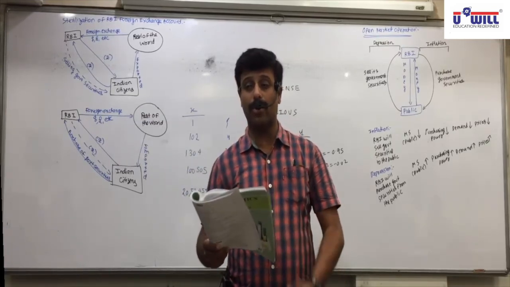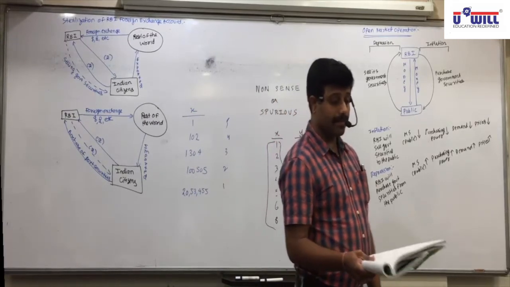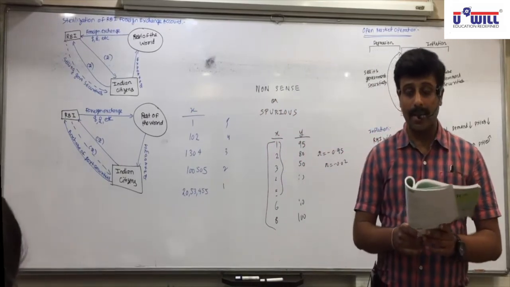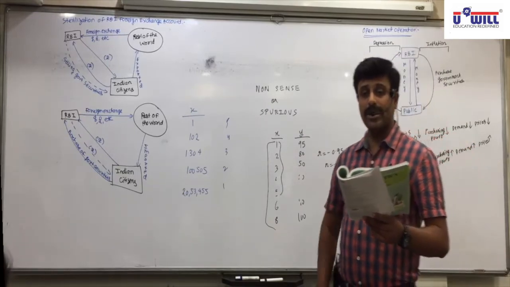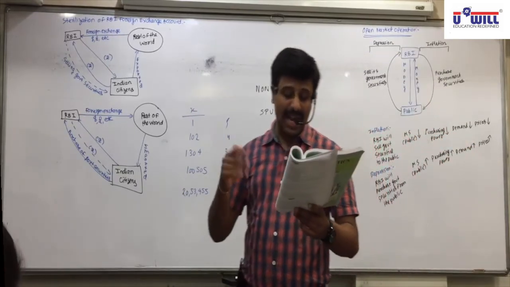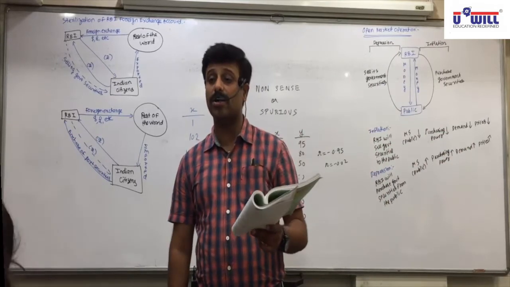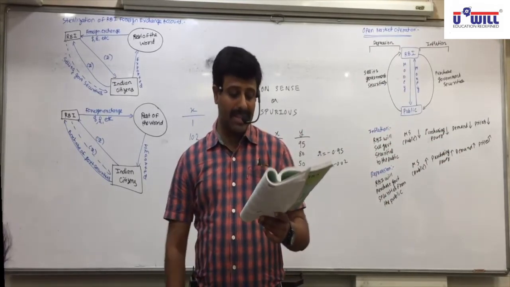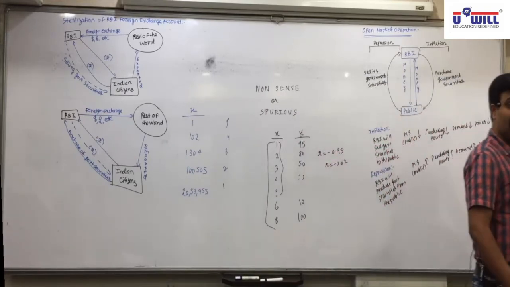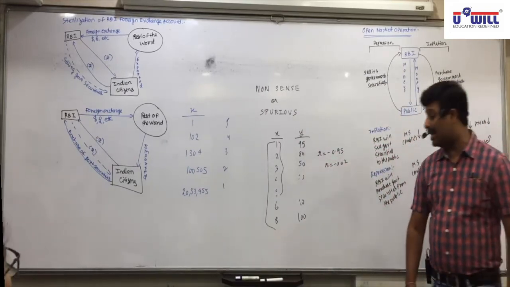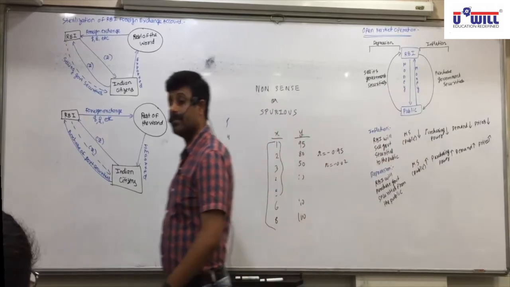10th question, mark it important. It's interesting, see that. In which situation are the value of Karl Pearson's correlation coefficient and Spearman's rank correlation coefficient equal? Will the two answers come the same in any of the situations?